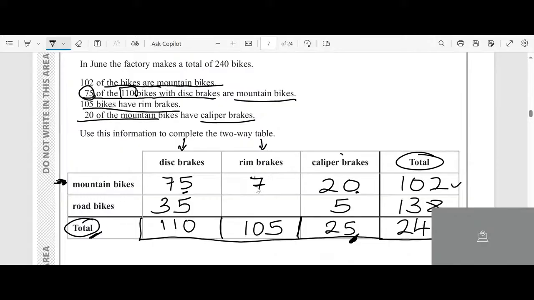What about the bottom part? All of them are 138 for the road bikes, we'll say 138, subtract 35, subtract 5. So it means that here they are 98. Confirm that 98 plus 7 should be giving you 105. That proves to us that this table was balanced.